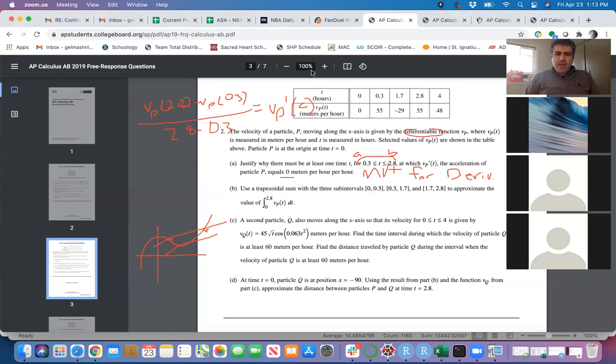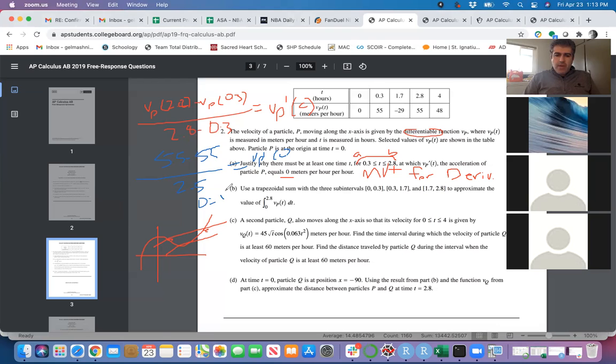Well, when you work this out, v of 2.8 and v of 0.3 are both 55, so you're actually subtracting the same numbers from each other. And so you're totally going to have the derivative of velocity equals 0, which is the acceleration.